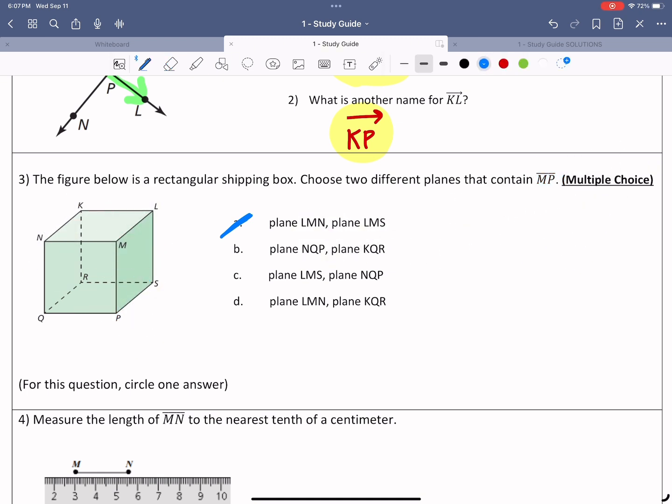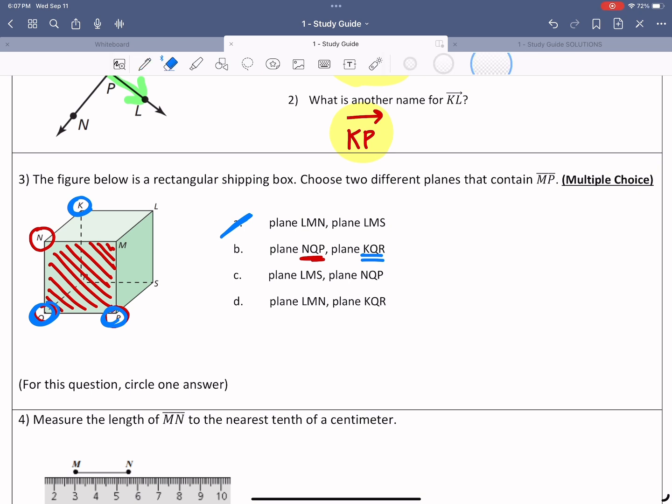Let's do the next one. NQP. This one's N, this one's Q, and this one's P. That is going to be this plane right here. I know M's not included, but again, it includes it. Then we have KQR, K, Q, and then R. Wait, what?